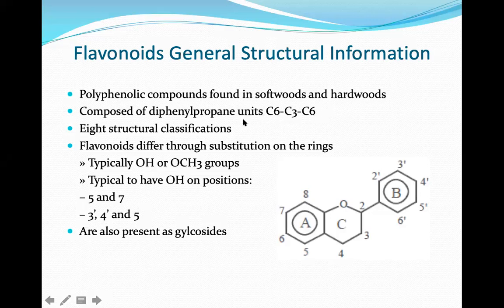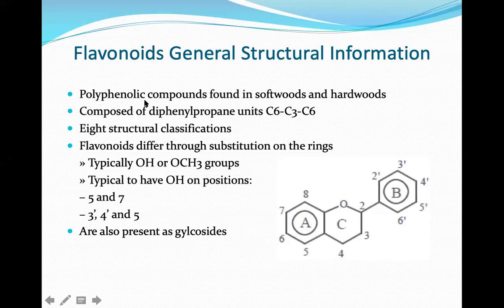So quite different from stilbenes. Stilbenes have C2 here. So C6, C2, C6 is the stilbene skeleton, and in the case of flavonoids, C6, C3, and C6.